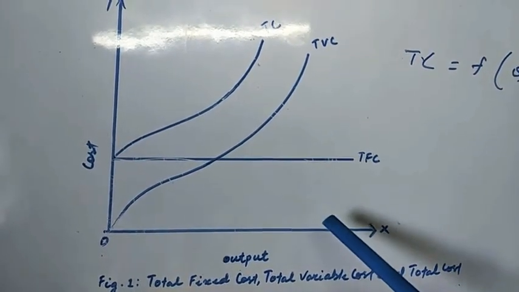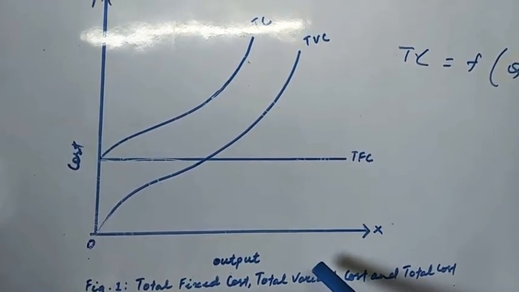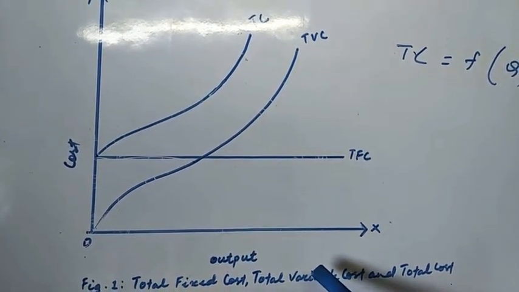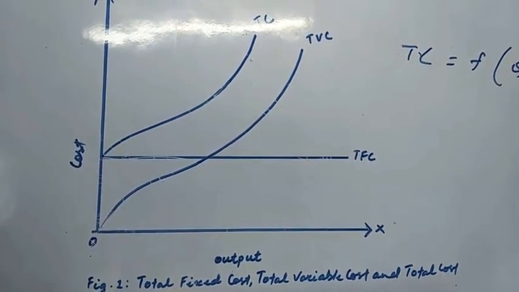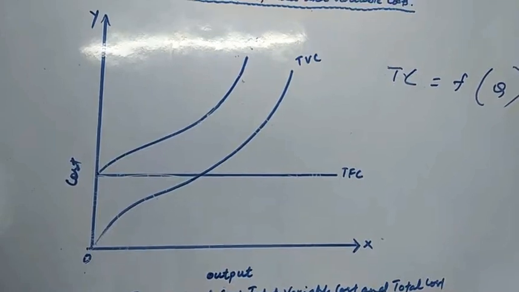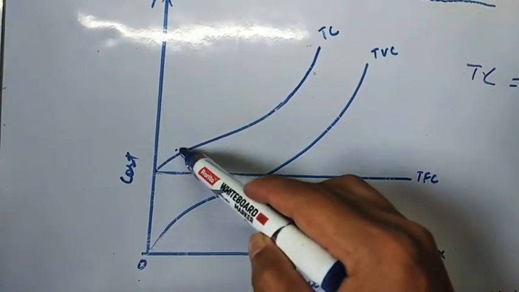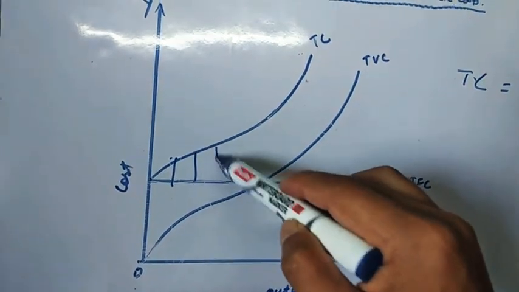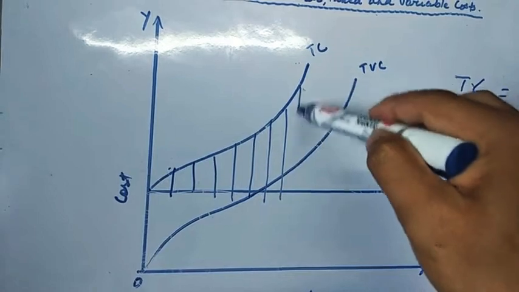It should be noted that the vertical distance between the total cost curve and the total fixed cost curve represents the amount of total variable cost, which increases with the increase in output. You will see that the distance between total cost and total fixed cost is increasing as output increases.